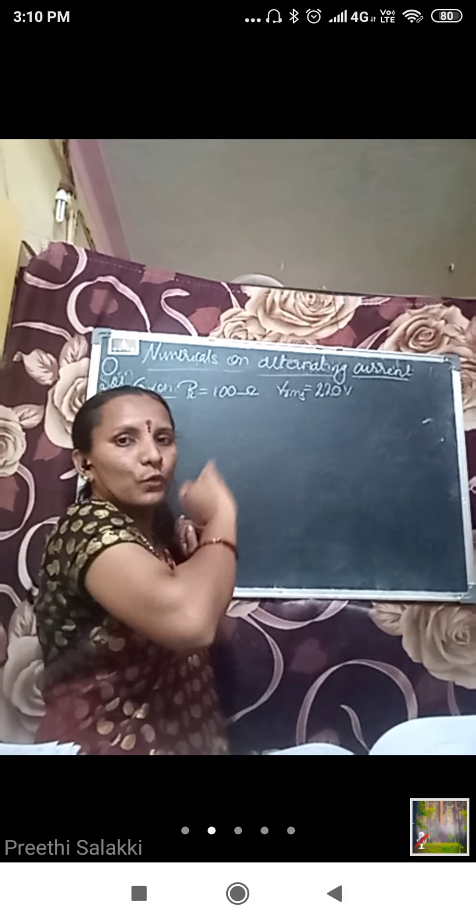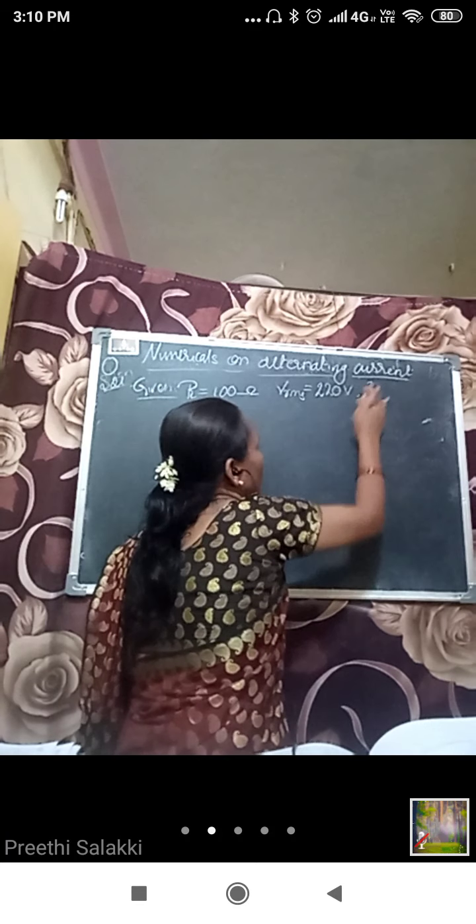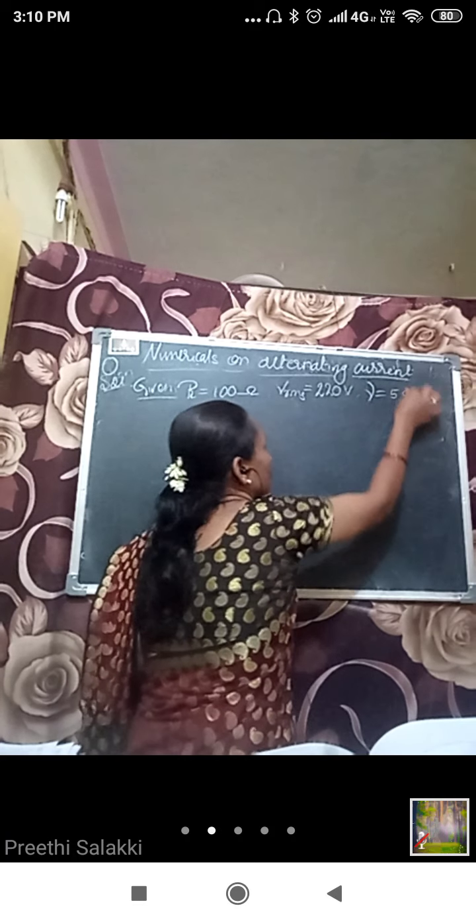The frequency is given, that is nu, equal to 50 hertz. So what is the first bit of the question? They are asking us to calculate IRMS, and they are asking us to calculate the power.